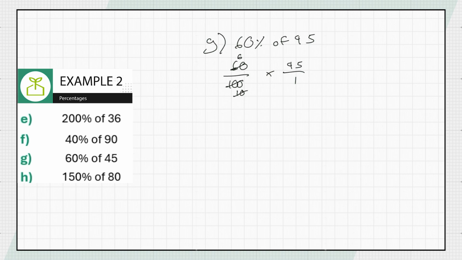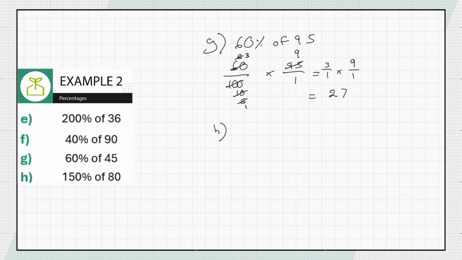I can divide the 10 by 2 and get 5, and the top by 2 and get 3. Then I can look diagonally between the 5 and the 45, divide this by 5 and get 1, but divide the top by 5 and get 9. So this is going to be equal to 3 over 1 multiplied by 9 over 1, which is just 3 times 9, which is going to be 27.